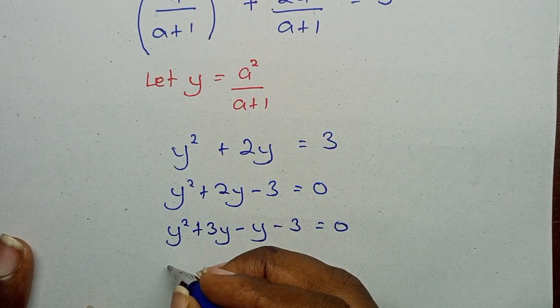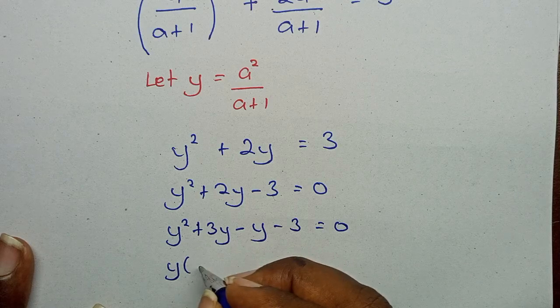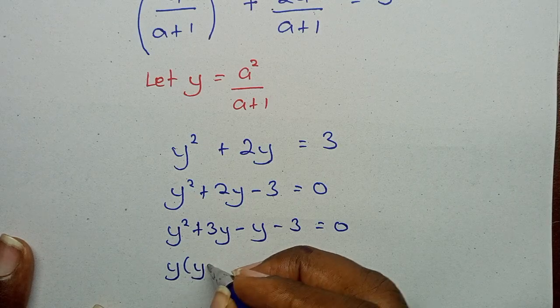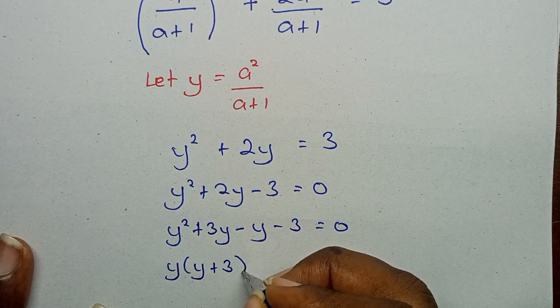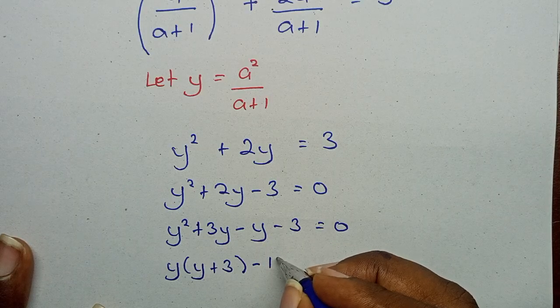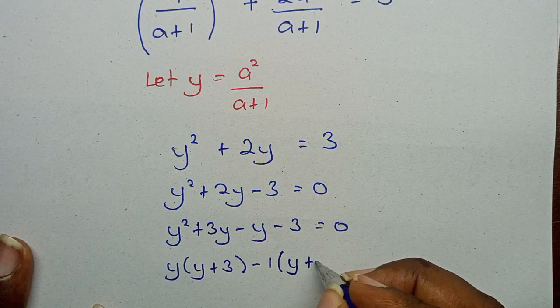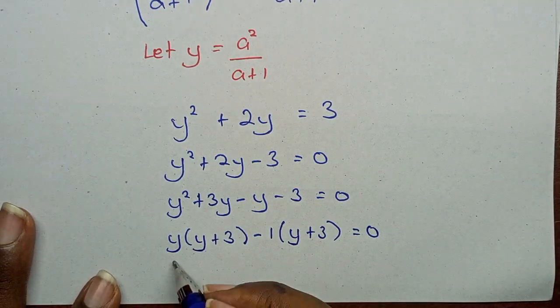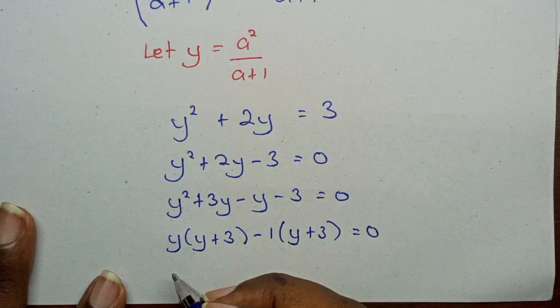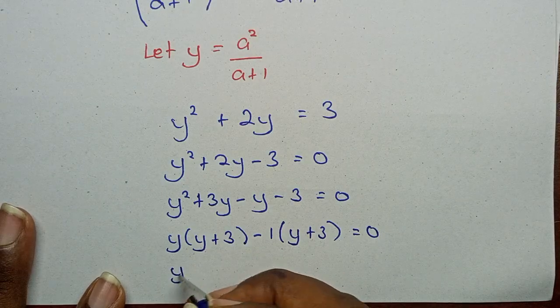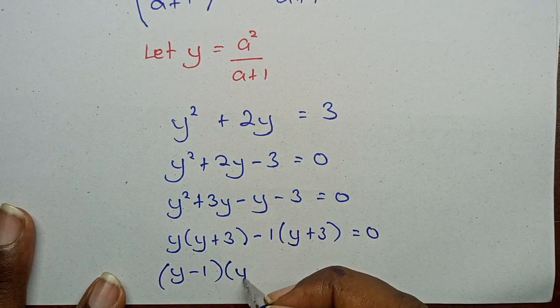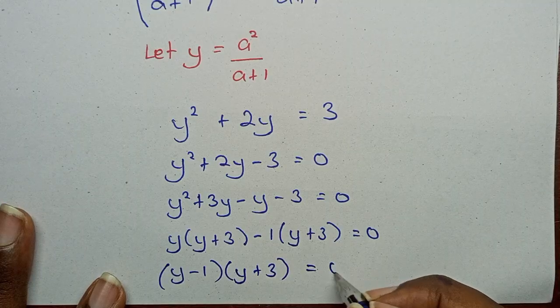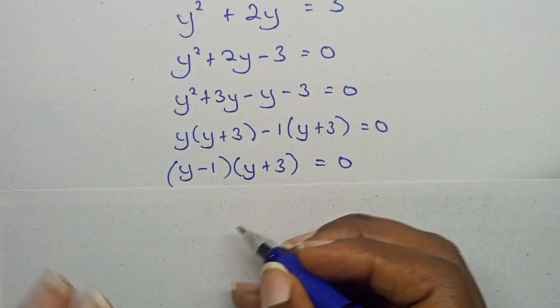So we shall have y into, we factor it out, y plus 3, minus 1 here is common into y plus 3 is equal to 0. So y plus 3 is common. So we shall have y minus 1 into y plus 3. This is equal to 0.